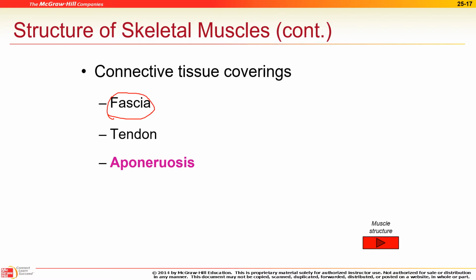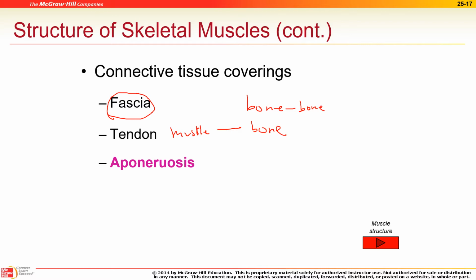Remember the fascia, that's the thing that covers the entire muscle. Tendons connect what together? Muscle to bone. All right. What connects bone to bone? Ligaments. Very good.